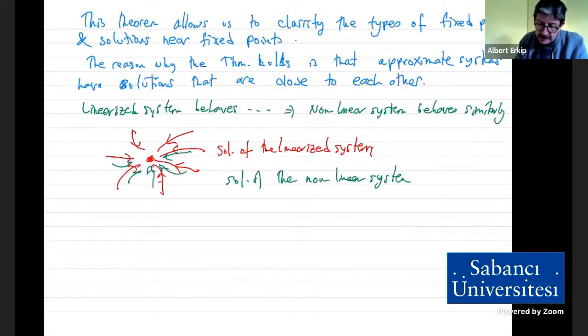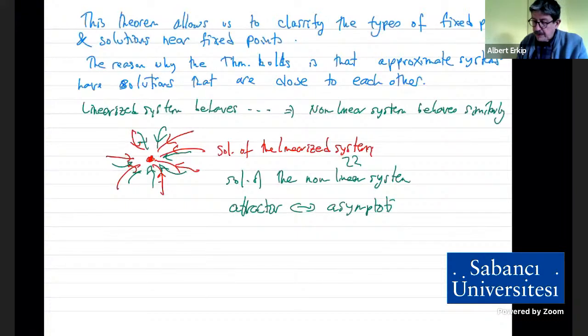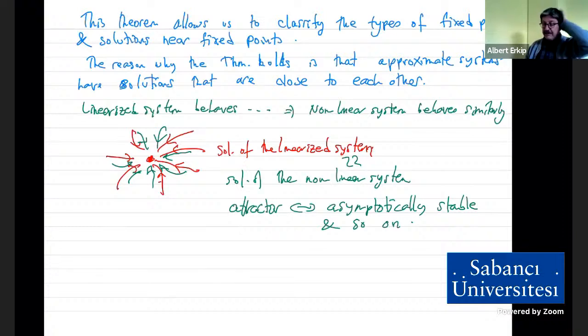They cannot totally go in the opposite direction. These two are close, so stability, so attractor becomes the same as asymptotically stable, and so on. Depending on how the linearized system works, the nonlinear system works.